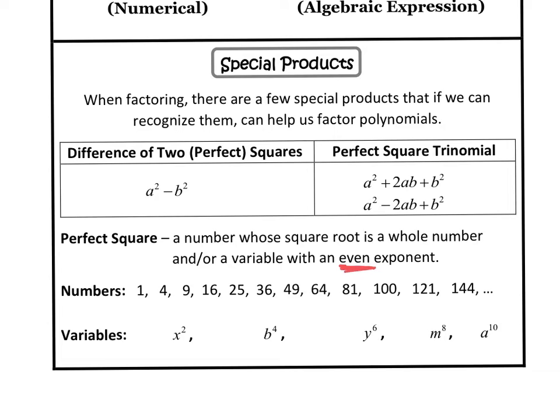So an even exponent, like 2, 4, 6, 8, 10. If it's even, then we should be able to factor it, and we should say it's a perfect square.